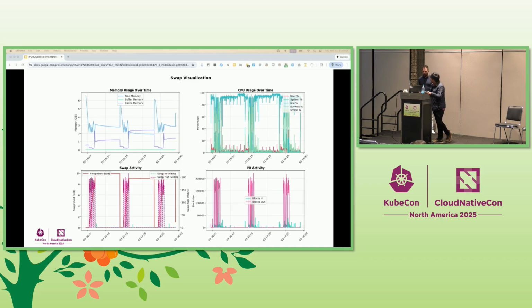I want to point out a few things here, particularly the swap activity. If you see the spiky actions here, this shows that swap activity is actually happening in cycles. It's not like a one-shot get out. And swap activity is also highly correlated with the I/O activity, and there is also increased CPU usage corresponding to the swap time.